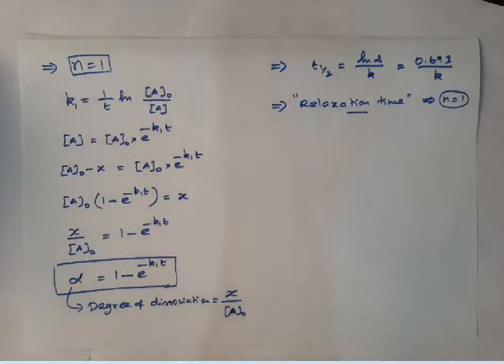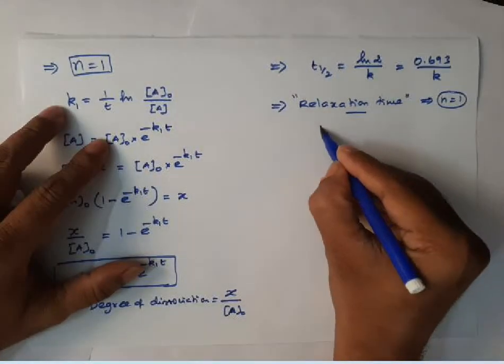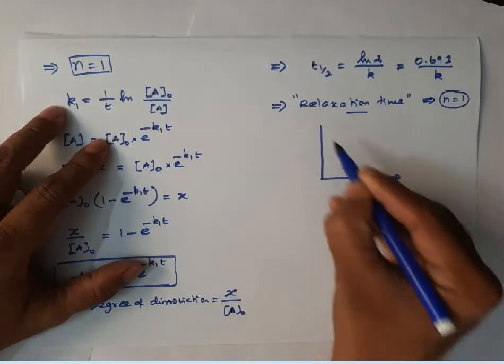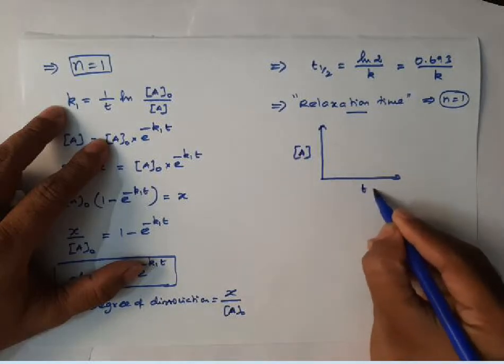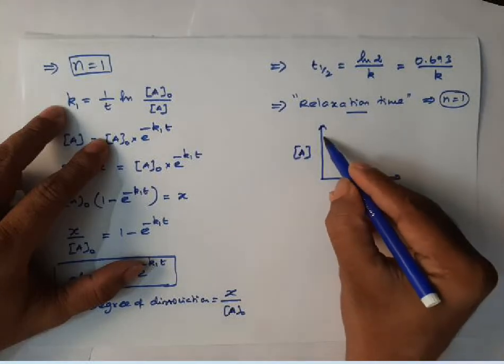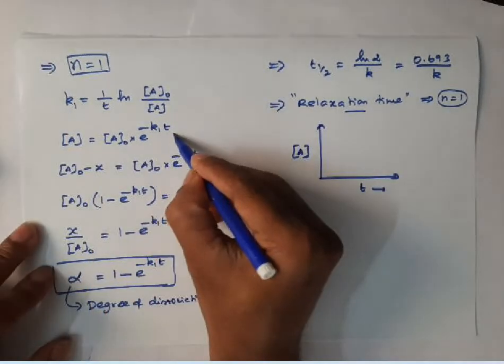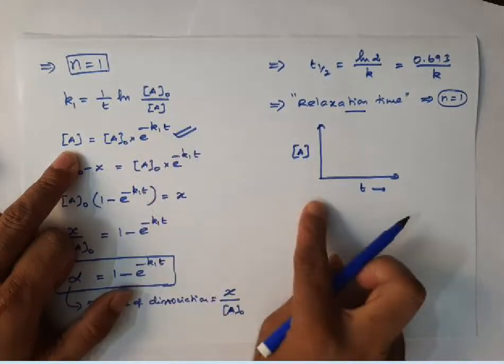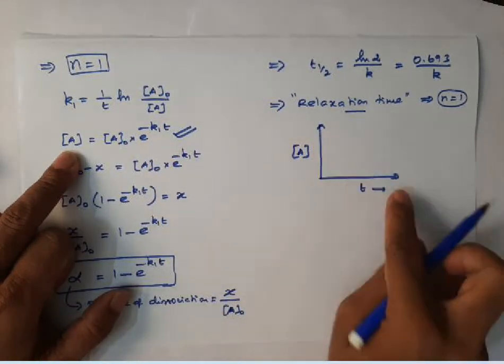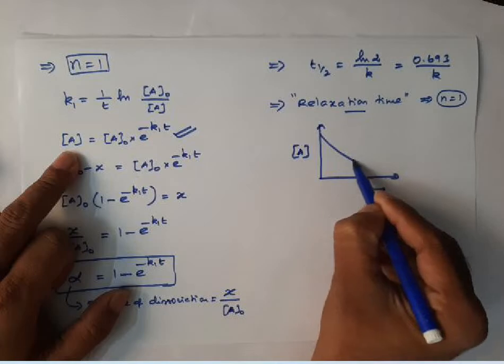So what is relaxation time? Suppose in the case of first order reaction, if you plot concentration versus time, you know very well that as per this relation, if you plot A versus t, as the time increases the concentration decreases exponentially.